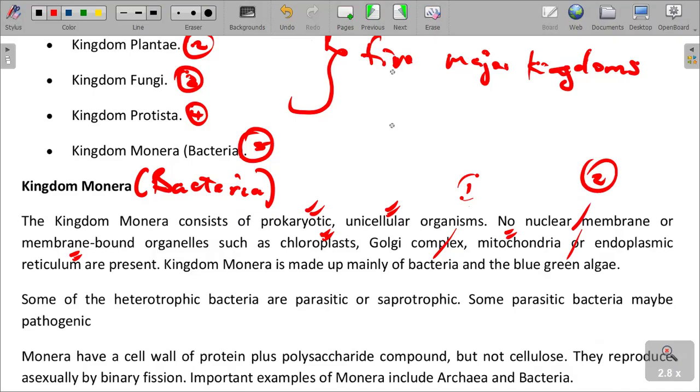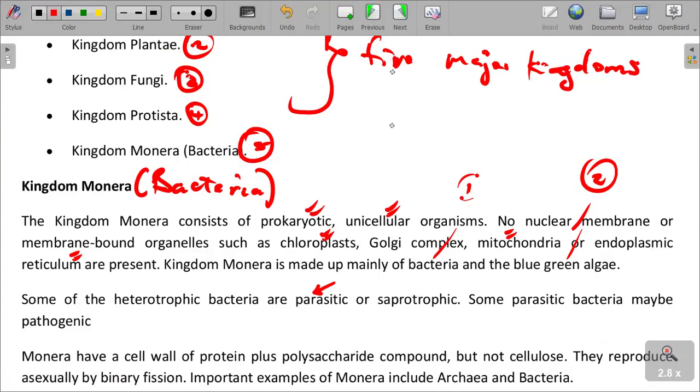Some of the heterotrophic bacteria are parasitic or saprotrophic. I'm sure you remember that saprotrophs, or saprophytes, live on dead decomposing material. Parasitic means that they feed on certain living organisms.